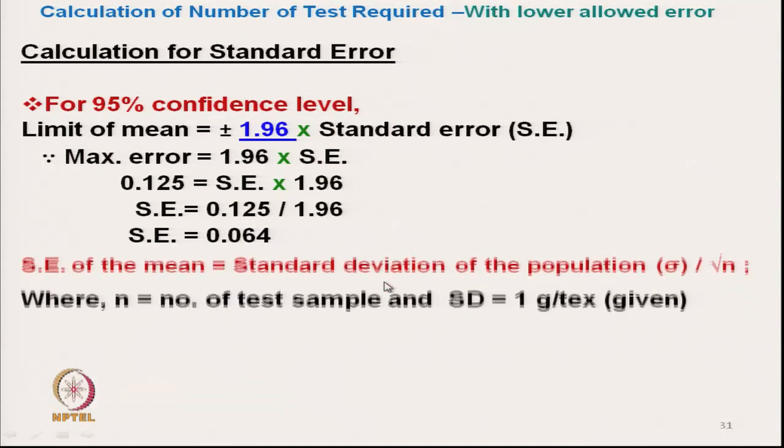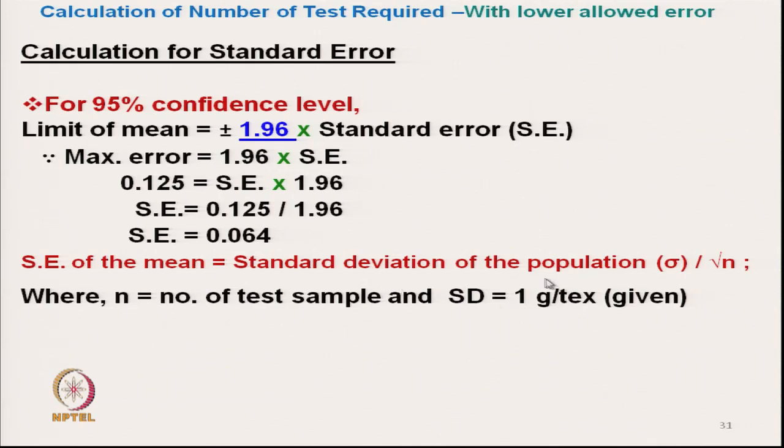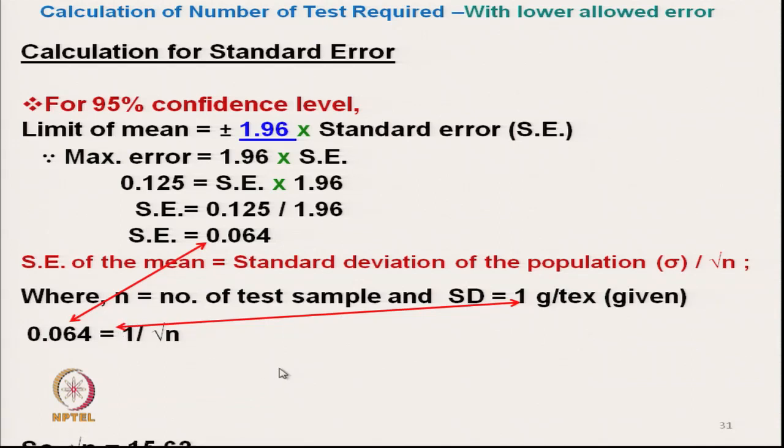And if we know the standard error and our standard deviation is known, we can calculate the number of samples. So, this is the standard error and the standard deviation is given, and the number of samples becomes very high, 246. As our requirement is becoming stringent, we have to take a large number of samples.